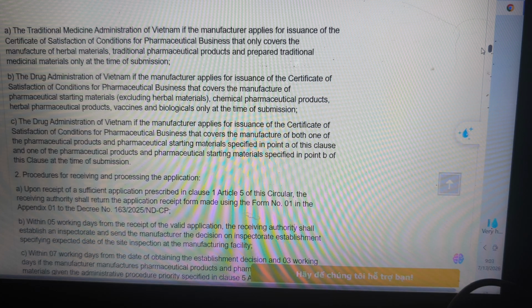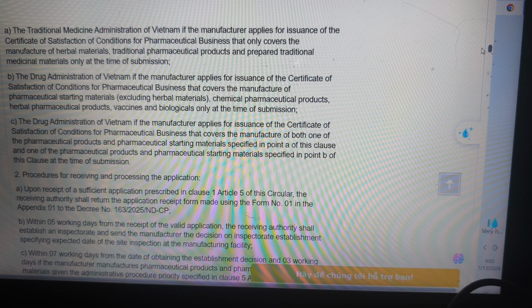The Traditional Medicine Administration of Vietnam is the receiving authority if the manufacturer applies for the issuance of the certificate of satisfaction of conditions for pharmaceutical business that only covers the manufacture of herbal material, traditional pharmaceutical products and prepared traditional medicinal material at the time of submission.